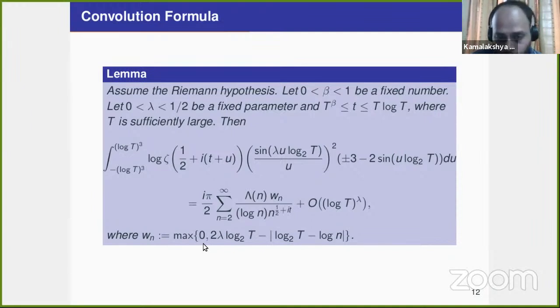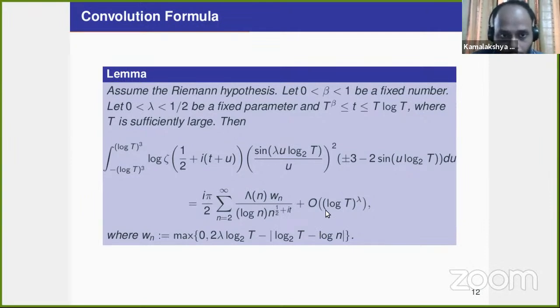It's the famous triangle function, which comes from the Fourier transformation of sine u by u squared. All the coefficients of this Dirichlet series are positive, and we have an i in front of it, so a completely imaginary number in front. And we have some error over here.